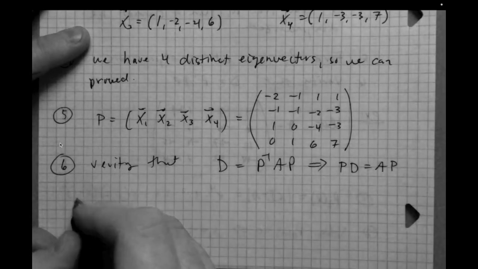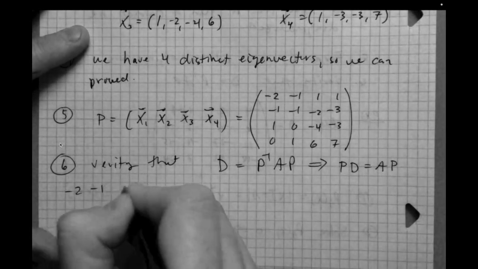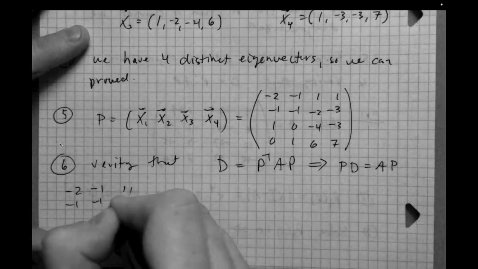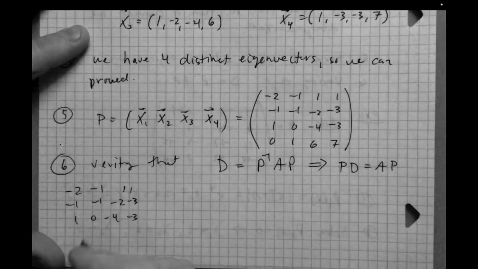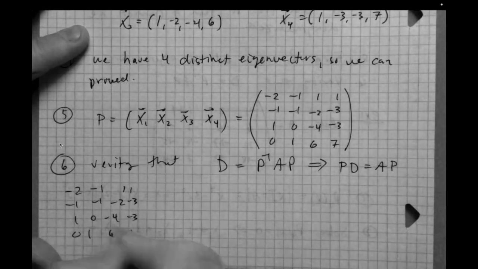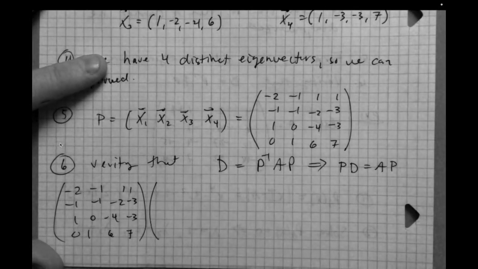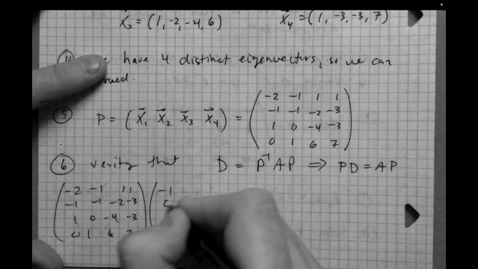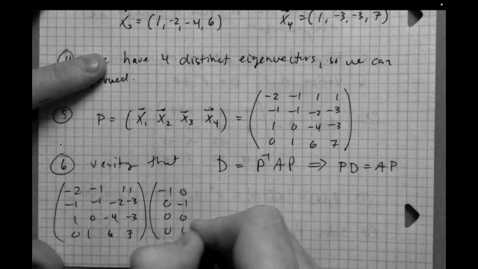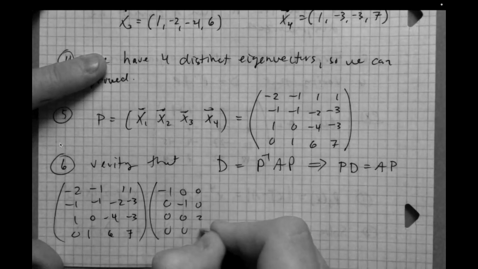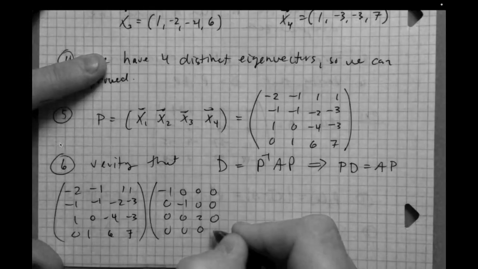So you could verify this. Your P matrix is right here: -2, -1, 1, 1, -1, -1, -2, -3, 1, 0, -4, -3, 0, 1, 6, 7. And then your diagonal matrix is just going to be -1, 0, 0, 0, 0, -1, 0, 0, 0, 0, 2, 0, and then 0, 0, 0.